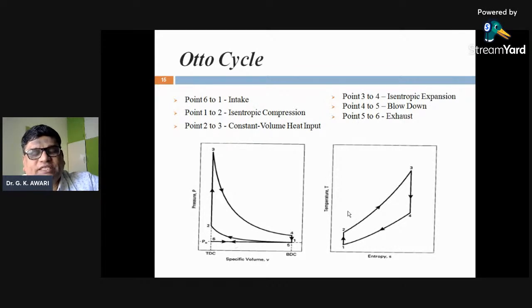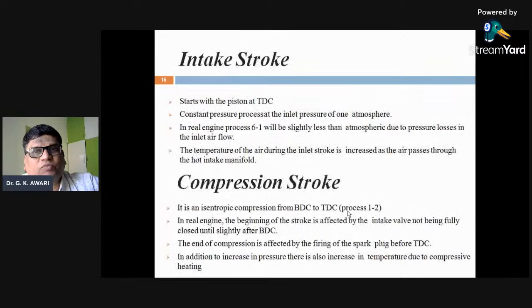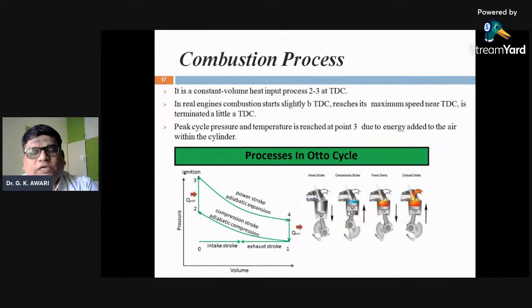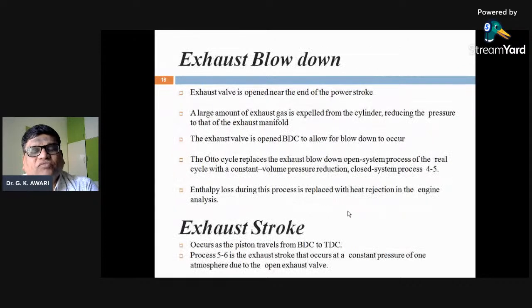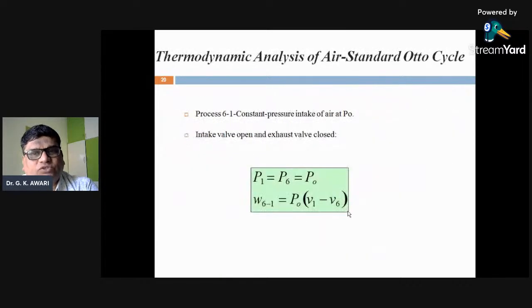So 2 to 3 is the heat addition at constant volume, and 4 to 1 is the heat rejection, which also happens at constant volume. Then the various strokes of the Otto cycle: intake stroke, compression stroke, combustion process, power stroke, exhaust blow down and exhaust stroke. This is the part we have studied.